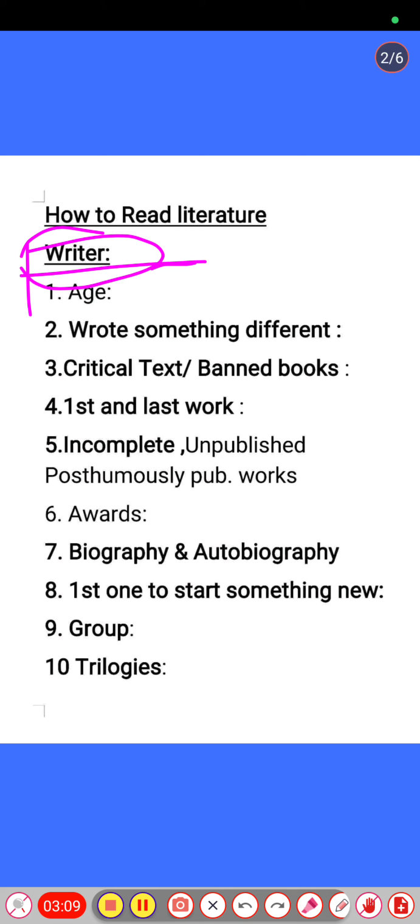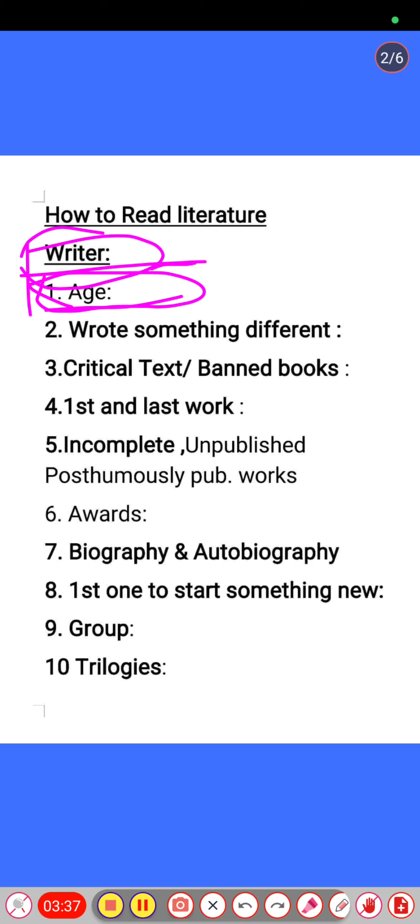After that, when you are reading any writer, which are the areas that you need to pay more attention to when you are making notes for your exam preparation? In that case, the writer's age plays an important role, because this kind of questions were frequently asked in the exam and will be there in future also.